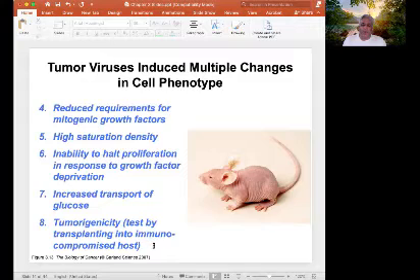And the last one, the ability of tissue to grow in another successful or compatible host, is a feature of these types of tumors, right?